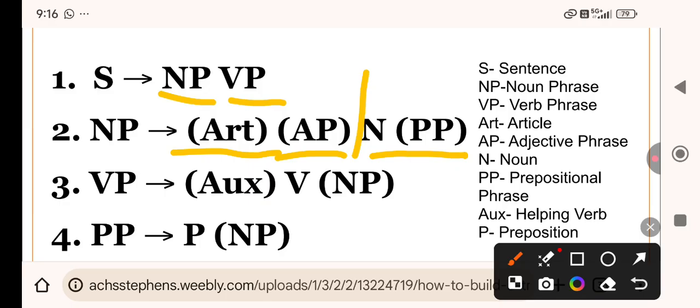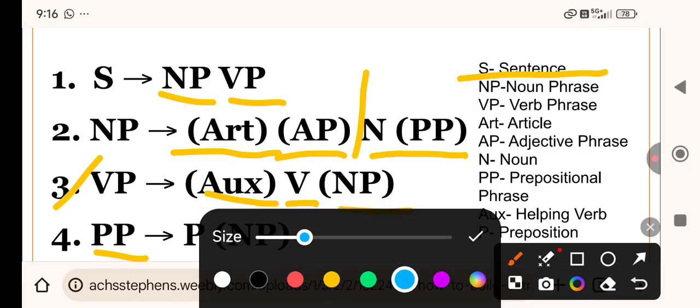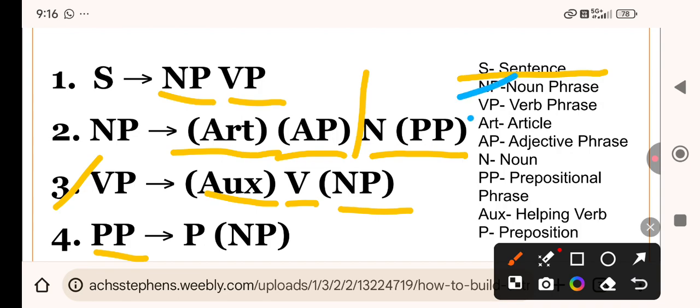Then the verb phrase has another part: auxiliary, then verb, then noun phrase. Then prepositional phrase: preposition and noun phrase, right? So they have given the same description here: sentence divided into different parts, noun phrase, verb phrase, article, adjective phrase, noun, prepositional phrase, auxiliary, and preposition.